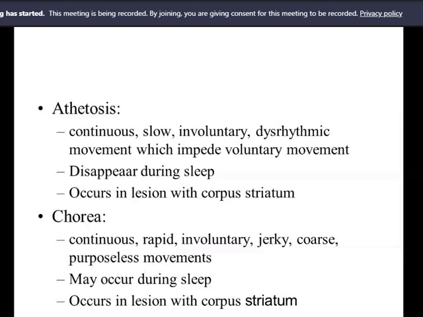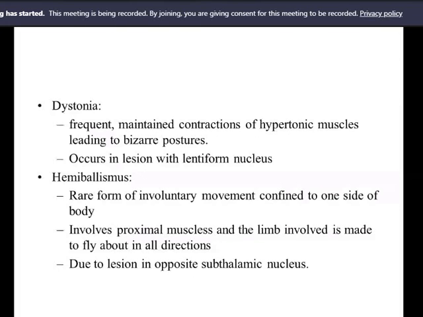So athetosis, chorea, those are all pathophysiological things. Dystonia means distorted tone, frequent maintained contraction of the hypertonic muscles leading to bizarre postures, and occurs in lesion of lentiform nucleus. Lentiform nucleus is a part of basal ganglia.